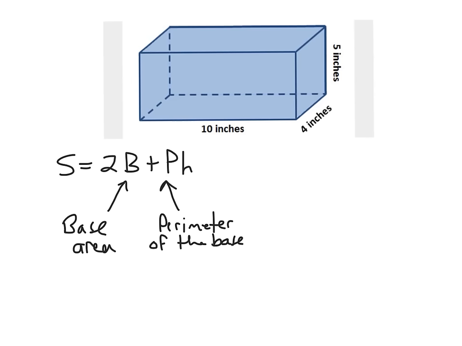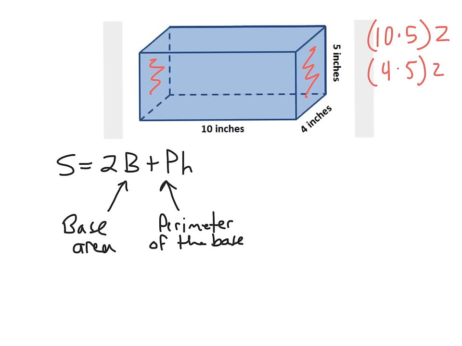So I could do 10 times 5 to find the area of that one surface and double it because there's 2 of them. I could do the same thing for this surface, and there's 2 of them. So this is 4 inches wide and 5 inches tall, so it's 4 times 5 times 2.